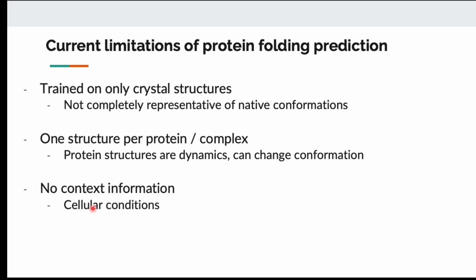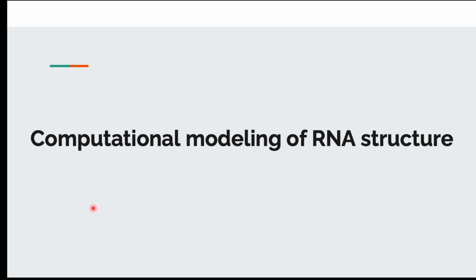So these are still limitations that need to be improved. But at least for the protein, nowadays we can say that we have a pretty good prediction of the protein structure. I wish we could do the same thing for RNA. So let's see what we can do for RNA.